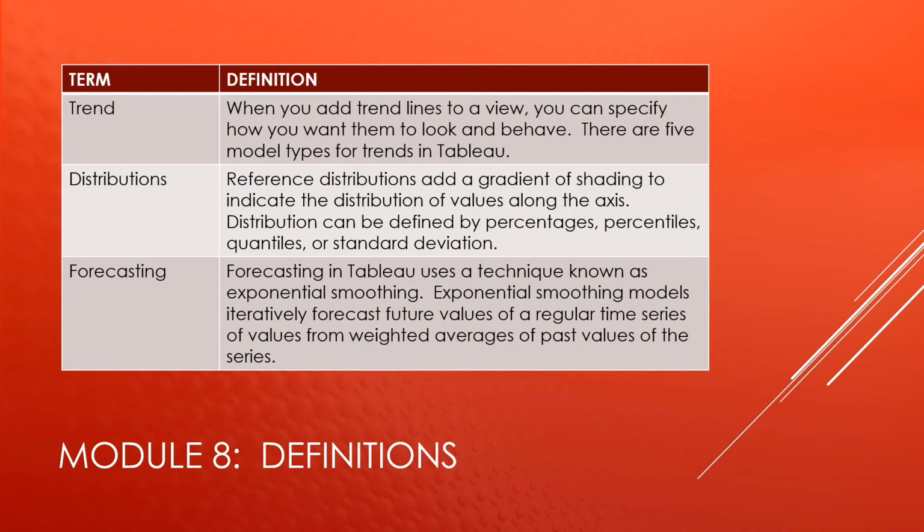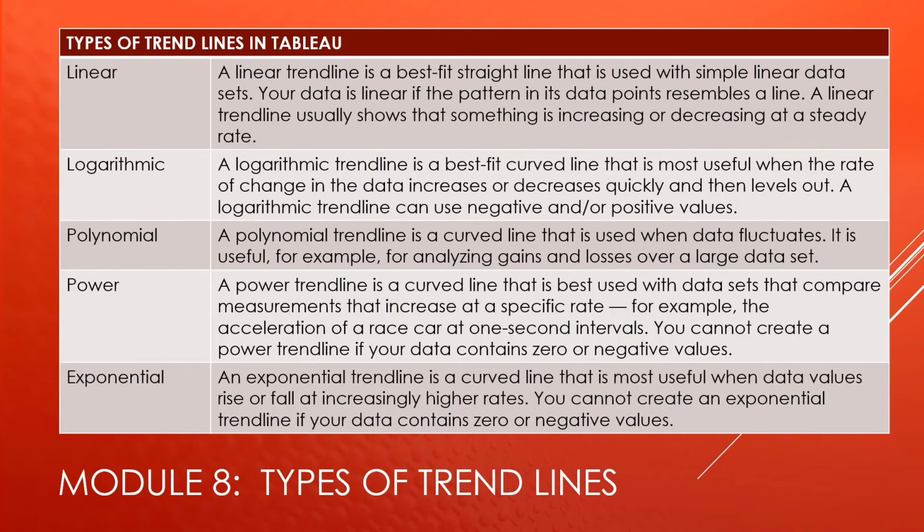And lastly, we have the model types of trend lines. So you have linear, logarithmic, polynomial, power, and exponential. So just to make this simple, because again, the PowerPoint is included in the files for video description so that you have it for future reference.